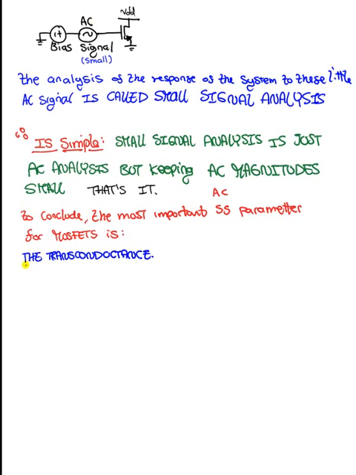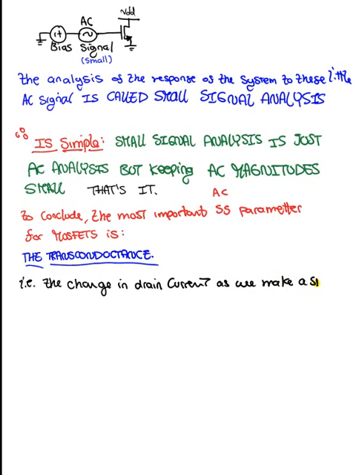That is the change in drain current as we make a small change in the gate to source voltage.